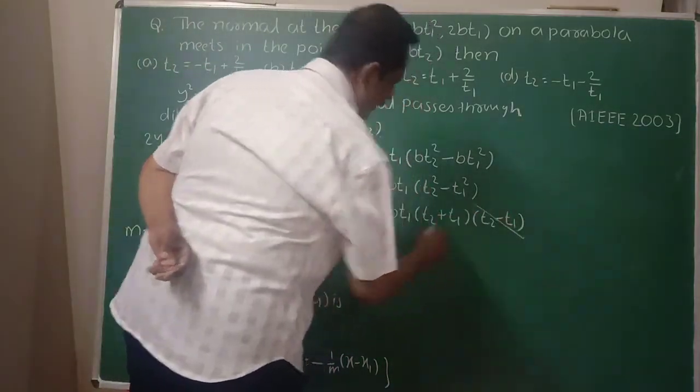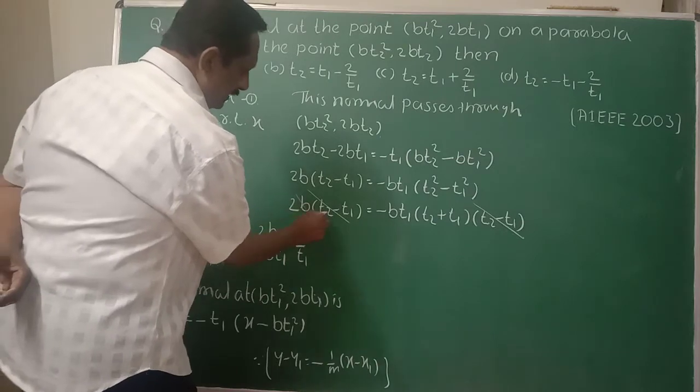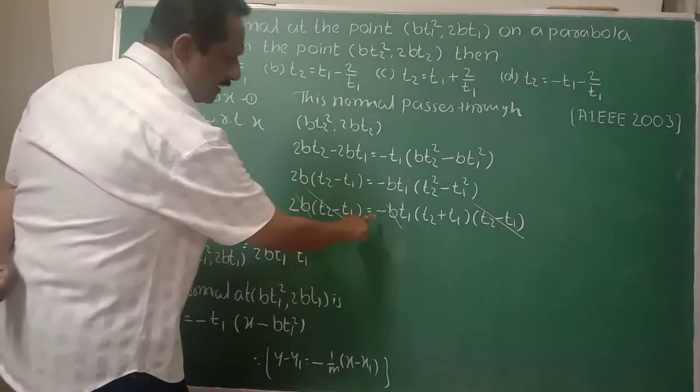This t2 minus t1 cancels, and the b and b cancel. Here minus t1 remains.